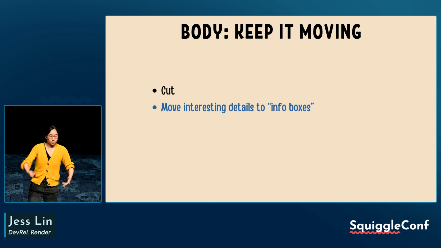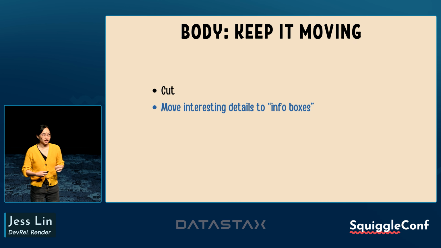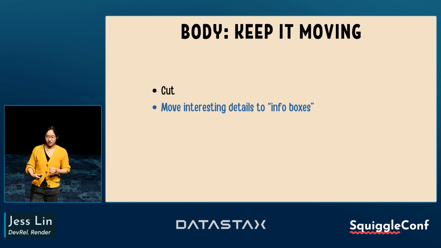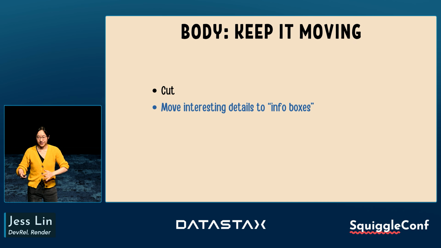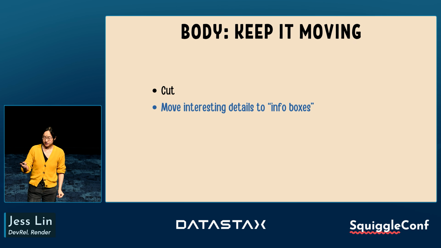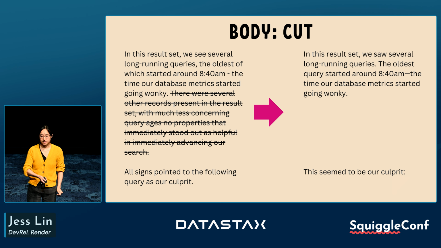All right, another thing with the body is that in addition to being skimmable, we want to keep things moving. So here, 2 really great tools in your toolbox are just cutting, and you can move things around to asides or info boxes. So let's see some examples. Here's an example of a cut in this section.